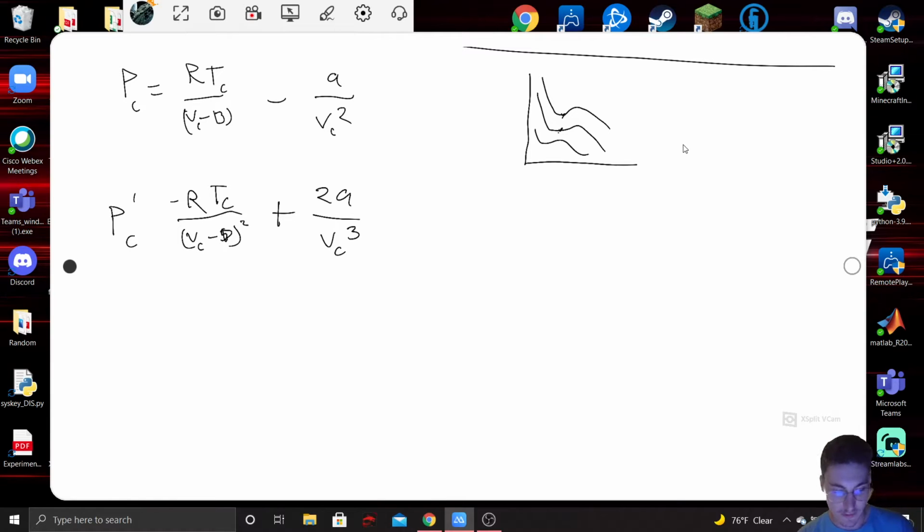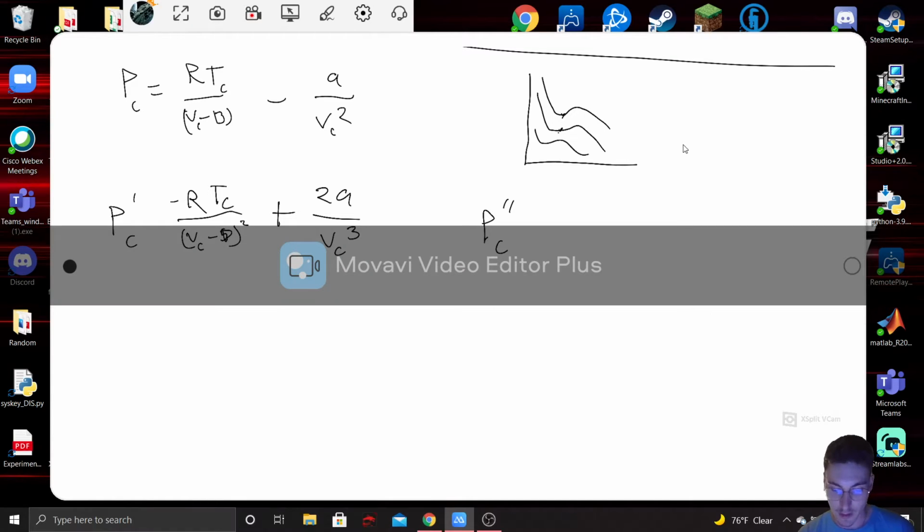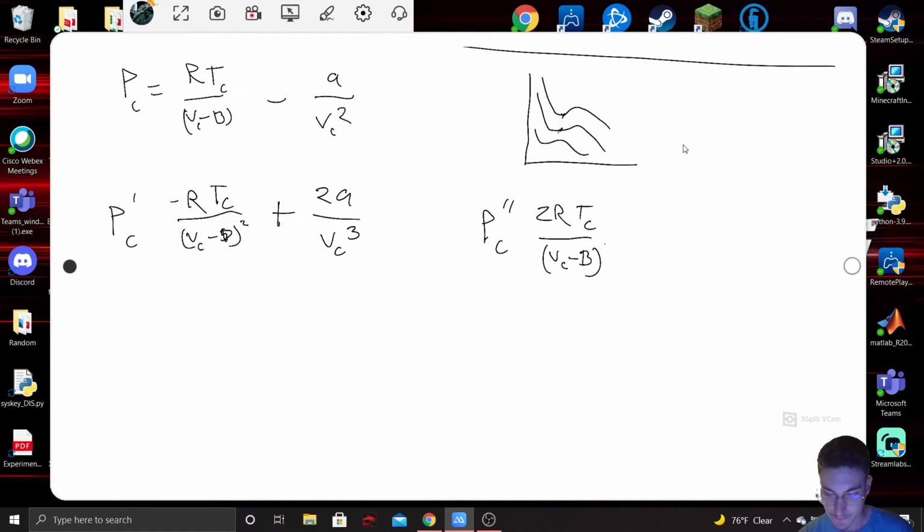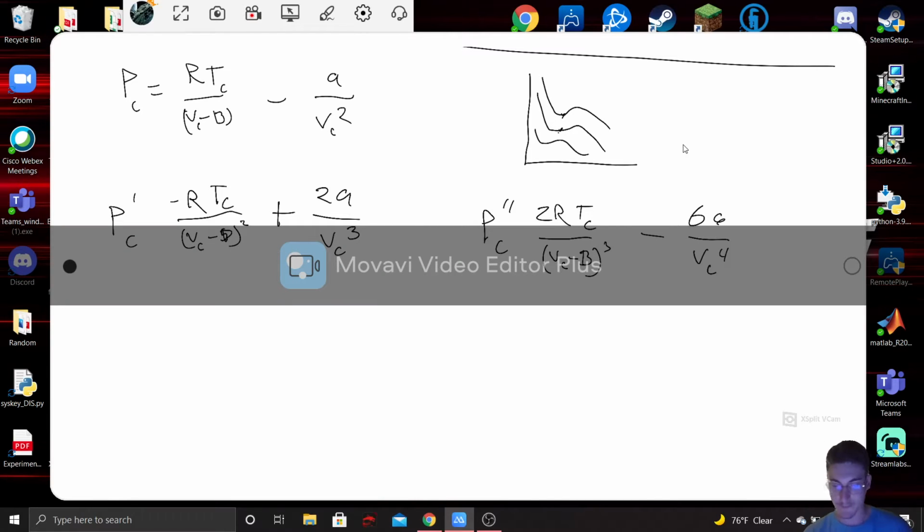And then if we want to take the second derivative of the critical pressure, it would be 2 RTC over VC minus B cubed, minus 6A all over VC to the fourth.